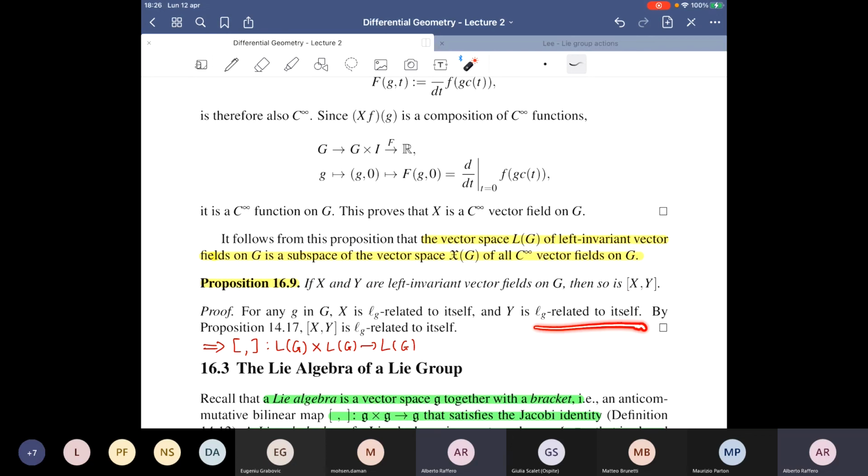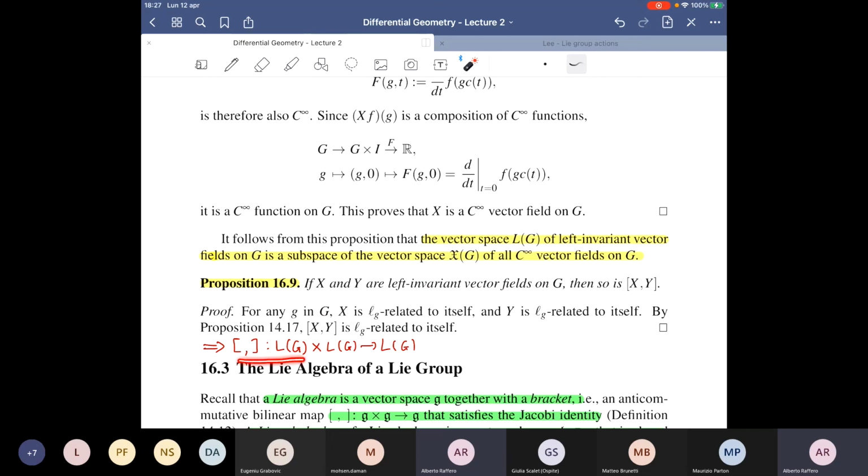And if you remember the property we discussed earlier, this tells us that the bracket is also algebraically related to itself.